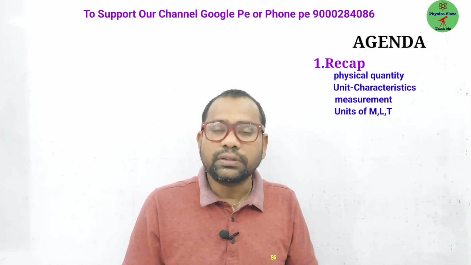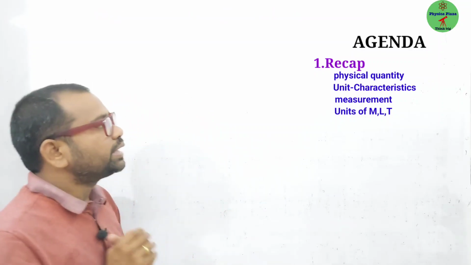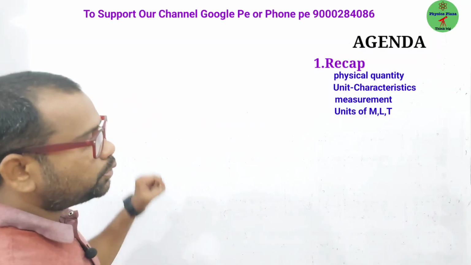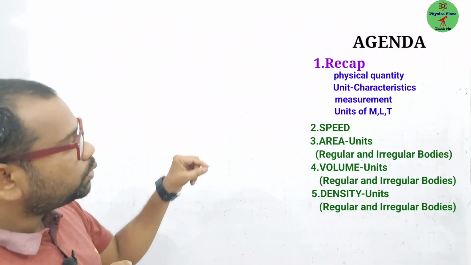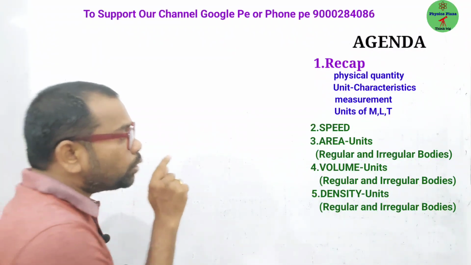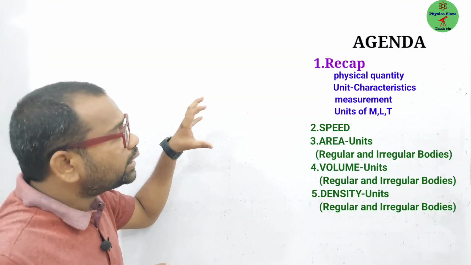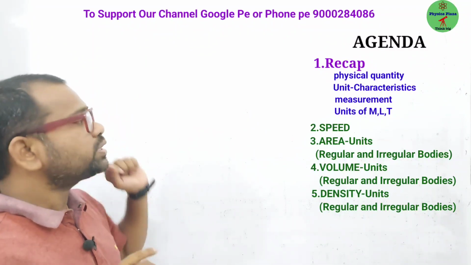So in class 7th, physical quantities and measurements, mainly what are we going to cover? We are going to discuss speed and its units. Next we discuss area and its units, including how to calculate the area of regular bodies and of irregular bodies.